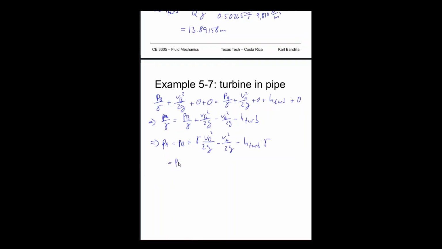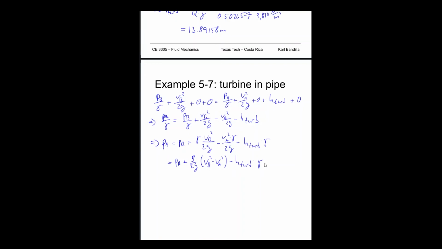And so nothing much to do in the front here. I have the same, oops, I'm missing a gamma there. First of all, I can pull out the gamma over 2G. I can also recognize that gamma over G is just rho. So I'll have rho over 2 times VB squared minus VA squared, minus H turb times gamma.